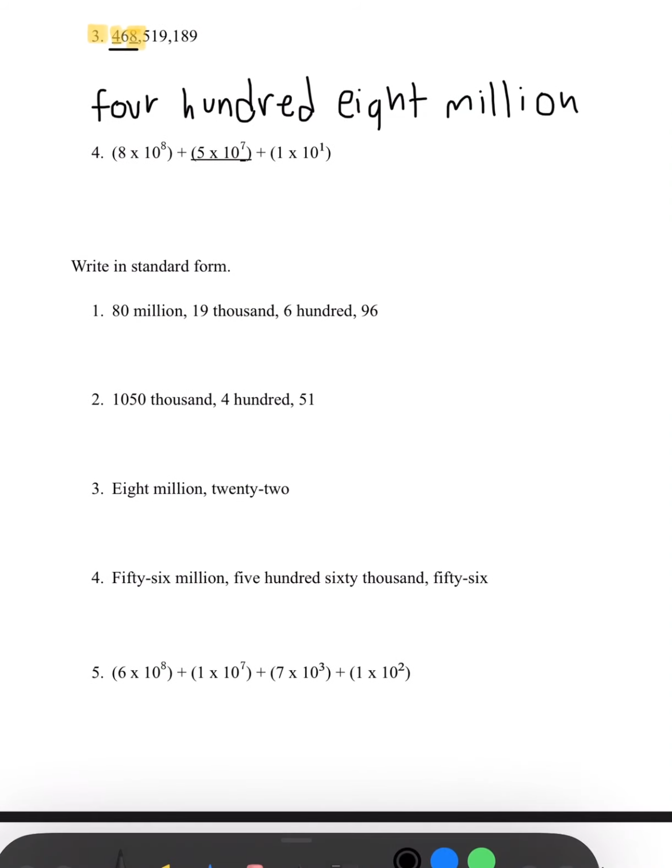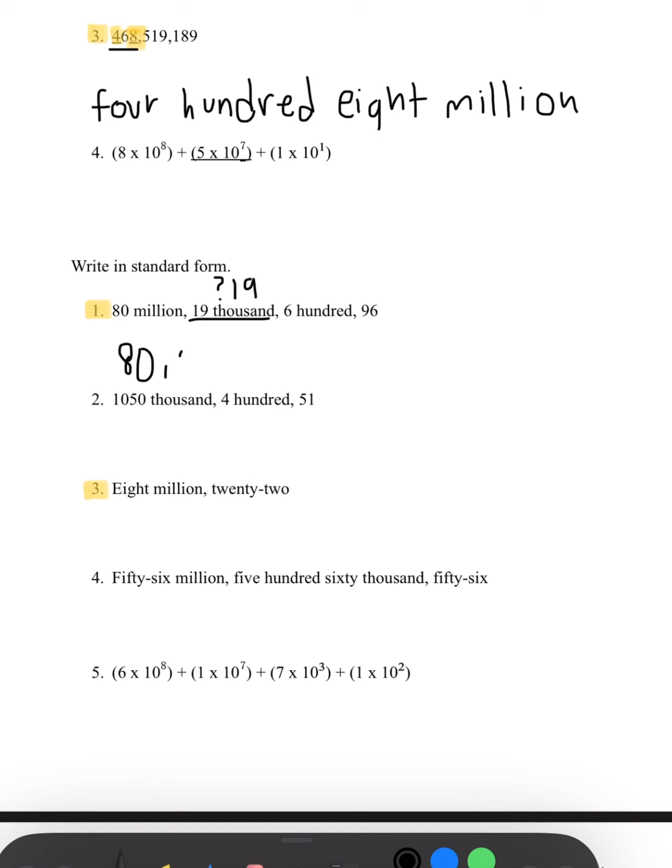Now it says write in standard form. We're going to be writing number 1 and 3. Number 1 gives us 80,019,696. So we first write 80, which is in the millions place. 19,000. We know there's no hundreds place, right?